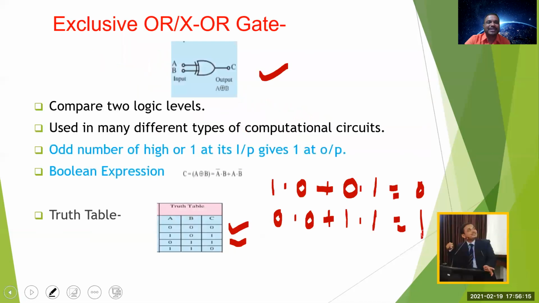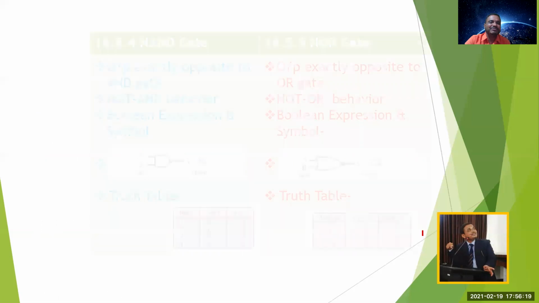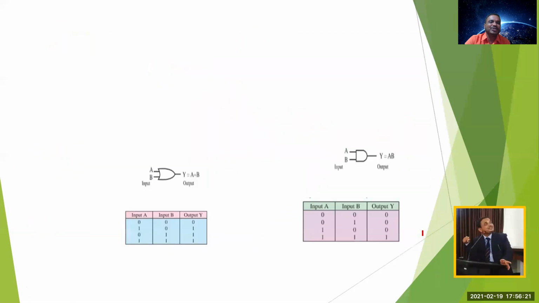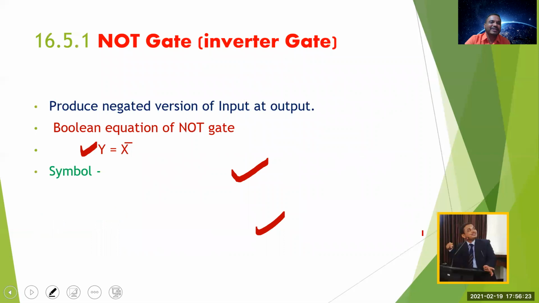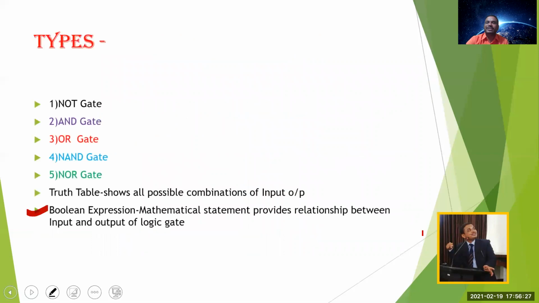So these are the different types of gate. In this topic, we see five different types of gate and verify their truth tables, their Boolean expressions and their truth tables. We see the NOT gate: NOT gate is the inverse of input, having one input, one output.